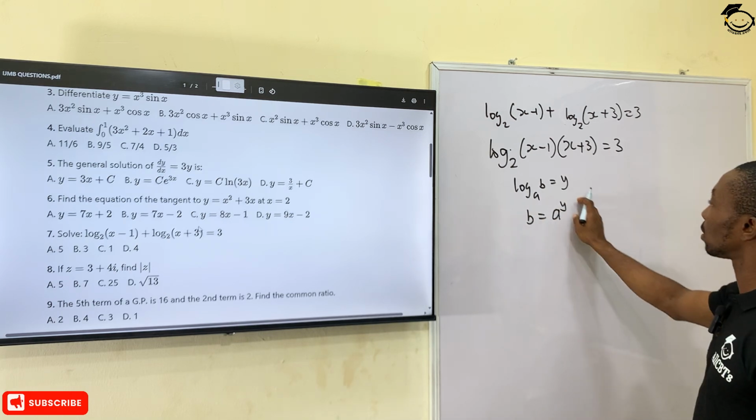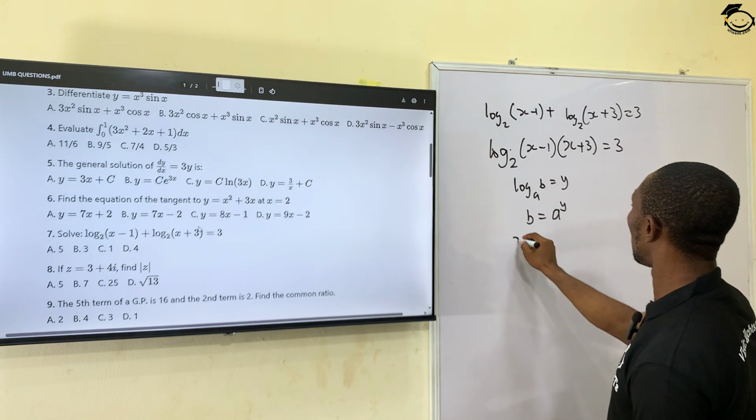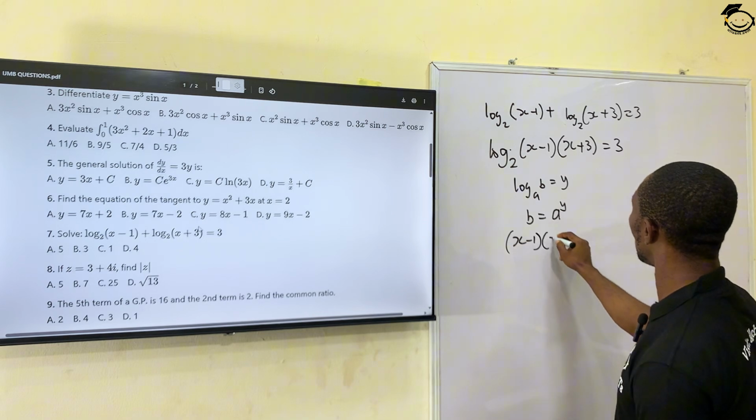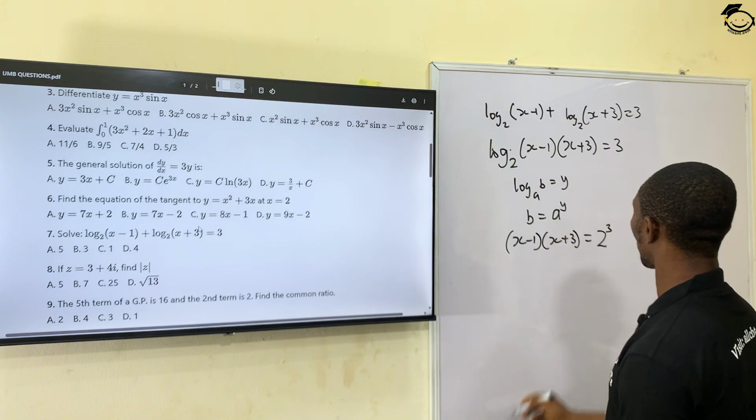this becomes b equals a raised to the power y. So applying this law, this becomes x minus 1 times x plus 3 equals 2 raised to the power 3.